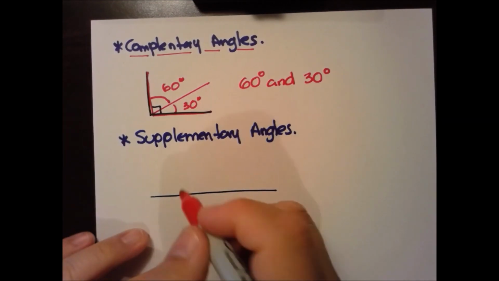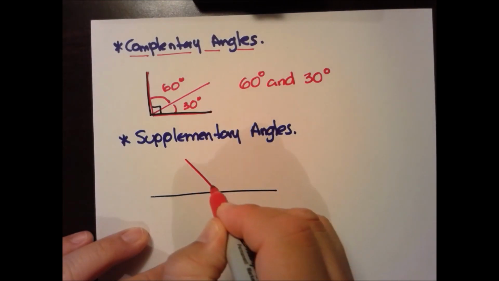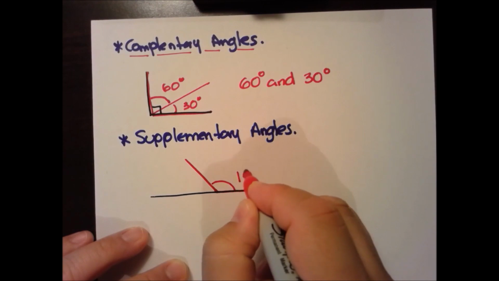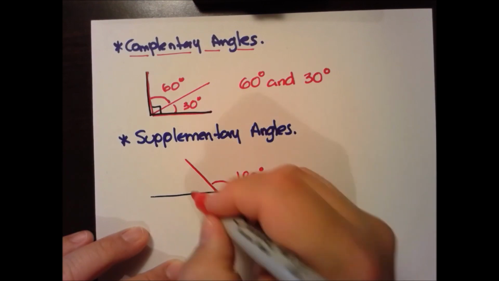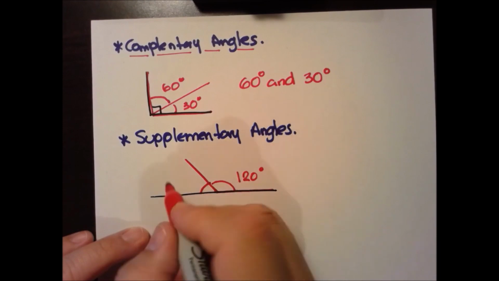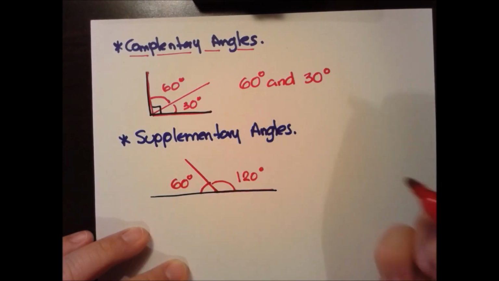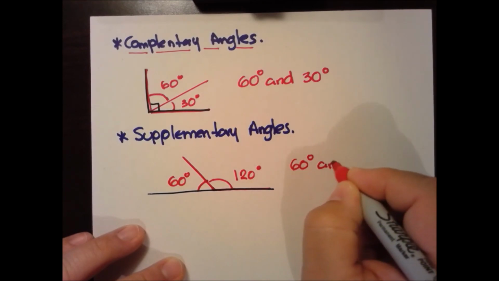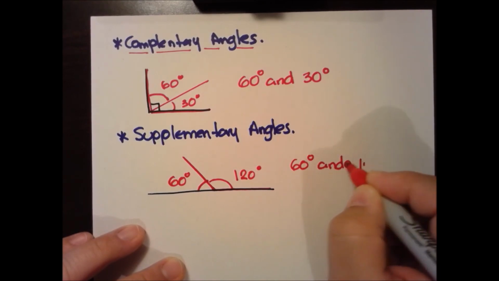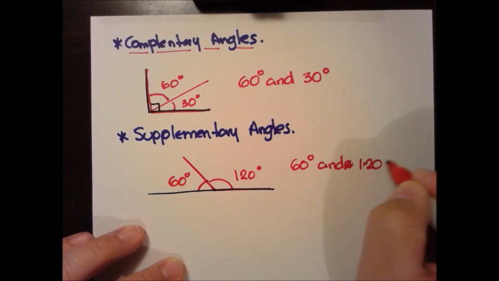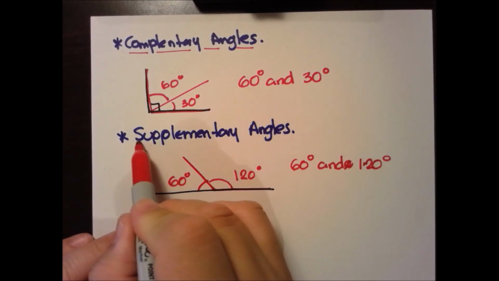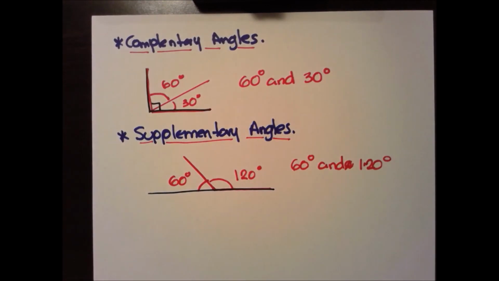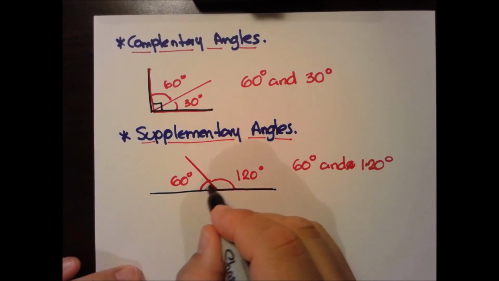For example, maybe here I can have this angle that is 120 degrees, and here I have another angle that is 60 degrees. So 60 degrees and 120 degrees, I'm sorry for that one, those are supplementary angles, because both form a straight angle.